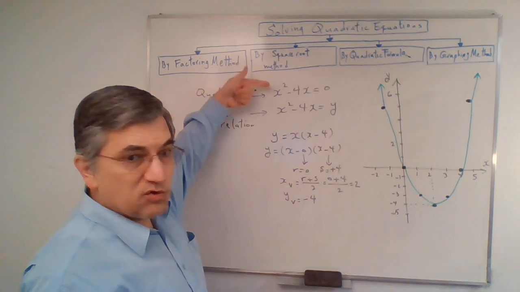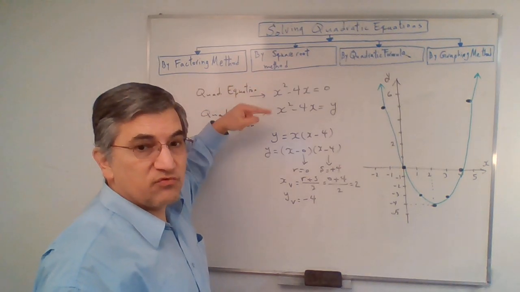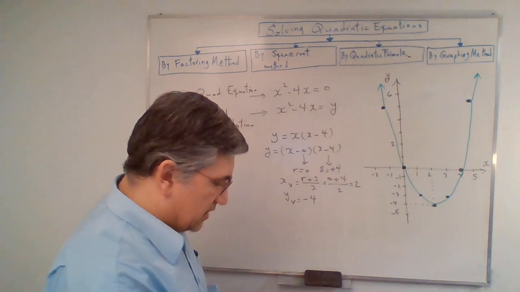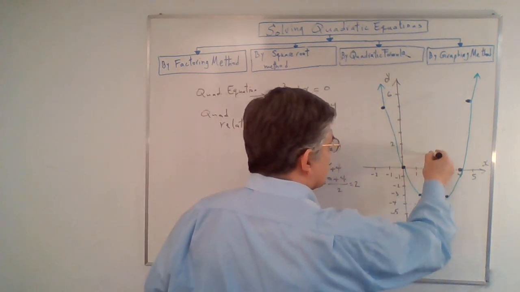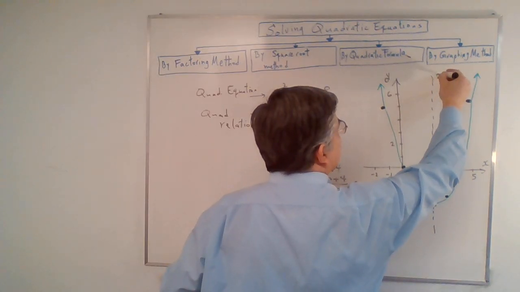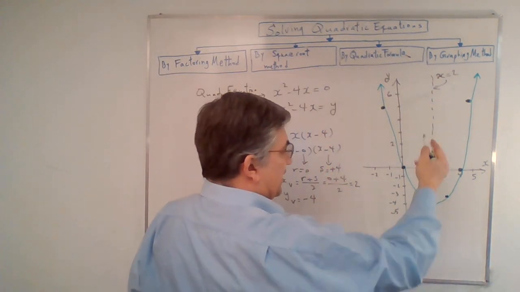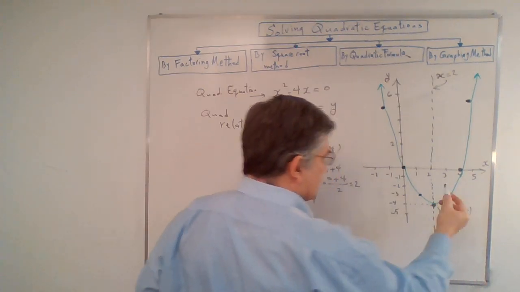So a quadratic equation was given, but you graphed the related quadratic relation. And needless to say, the axis of symmetry is the line x equals 2. It's a vertical line cutting the parabola in half. I just label the axis of symmetry and the vertex located at (2, negative 4) clearly.